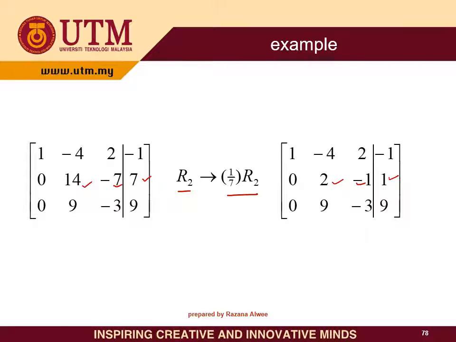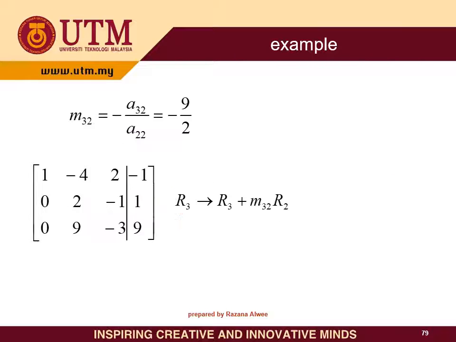It will be simplified. According to our row echelon form, zero, zero, zero, this one is already finished. We already got 0 here for both of them. Only one is left. This one should be 0, which is 9.